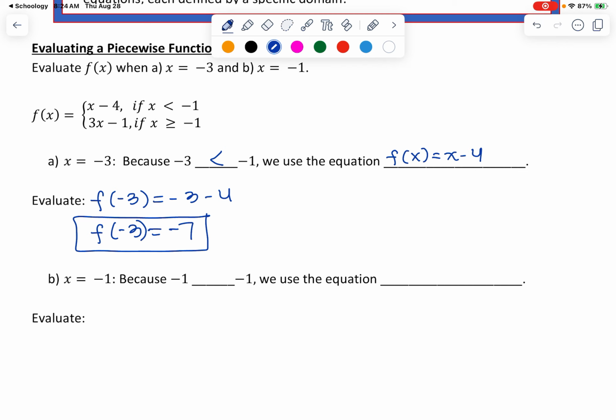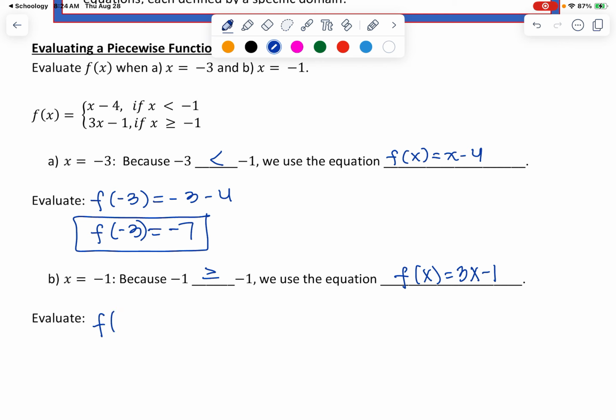All right, same idea for the next one. It says find f of x when x is -1, what's the output? So, is -1 less than -1? Nope. Is -1 greater than or equal to -1? Yes. So since -1 is greater than or equal to, it's actually equal to, we're going to use the equation f of x equals 3x minus 1.